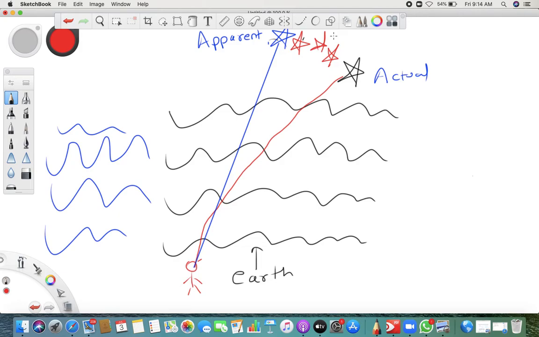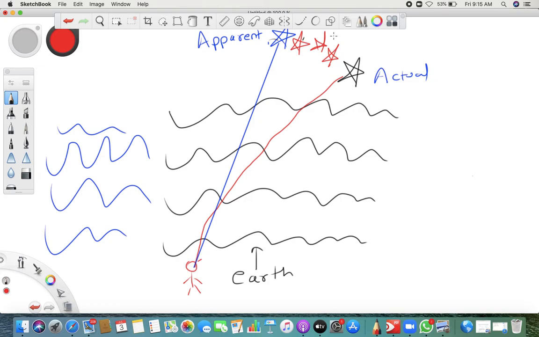And this is the reason we see stars twinkling. Because the star is so far from us, we cannot make out the difference between the actual and the apparent position. If it is near, then we can make out the difference, but as it is very far from us, we cannot.